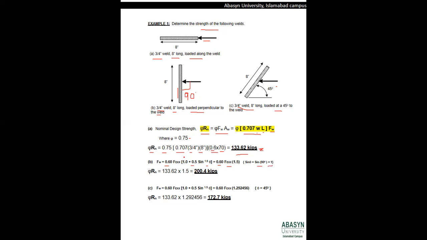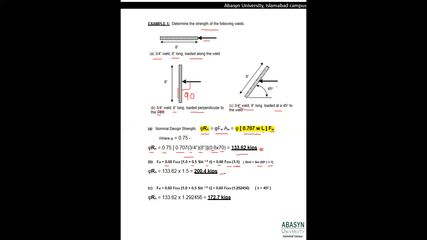So it becomes 1 plus 0.5 multiplied by 1, which totals 1.5. When we multiply 0.6 times 70 times 1.5 with the area of the weld, it ultimately comes out to be 200.4 kips.